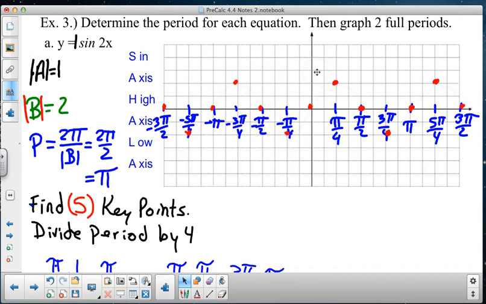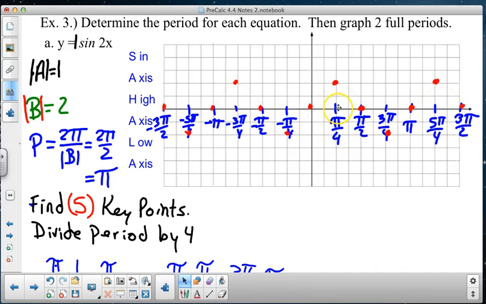And remember, I'm doing a sine. Sine starts at the axis, goes high, goes back to the axis, low, and then axis. So I start at 0. The sine of 0, even if it's 2 times 0, is 0. Then 2 times pi over 4 is the same as pi over 2.